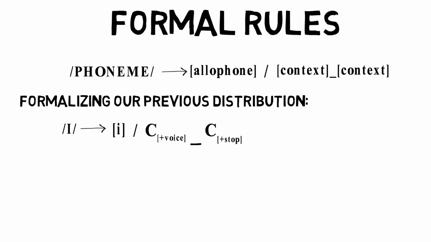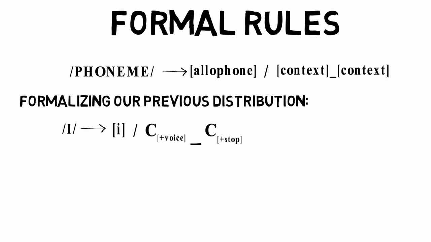Why is it that we can be this broad? Well, generally, when writing rules like this, there is an assumption that when you write consonant plus voice, you're saying any of the consonants in the language. Accordingly, when we say consonant plus stop, we are referring to every stop consonant in this fake language's phonemic inventory.